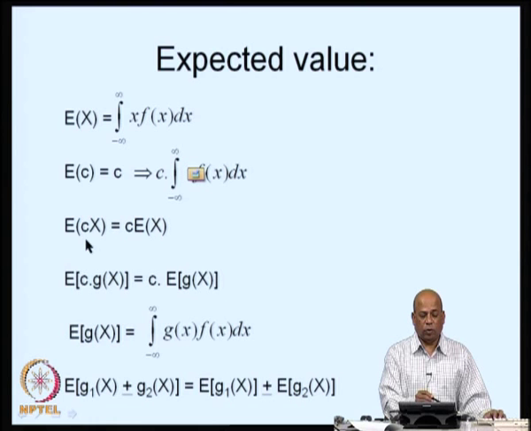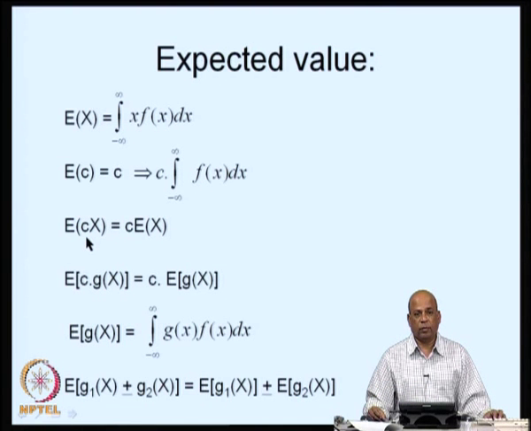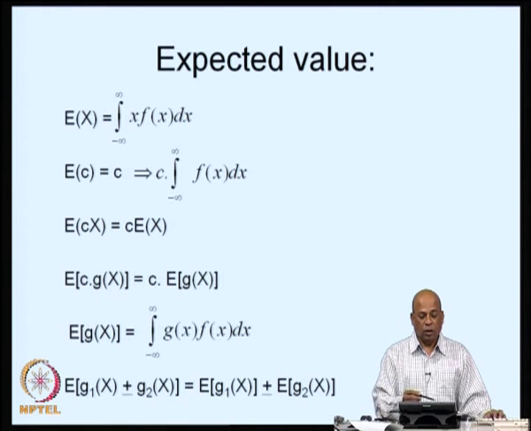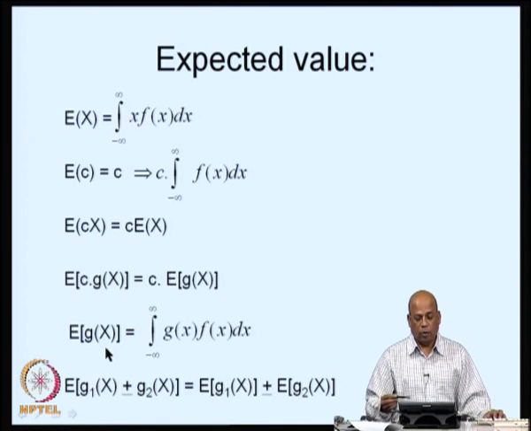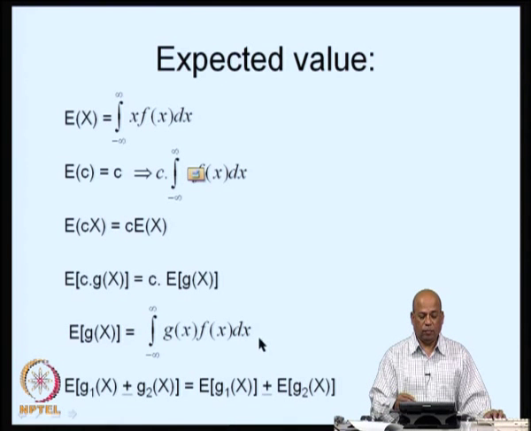Then from this it also follows that the expected value of c into x is equal to c into the expected value of x. We also have to see this particular result, which is interesting, where we are talking about the expected value of a function of x, g of x, which is equal to the integral from minus infinity to plus infinity of g of x f of x dx. And from this we again get the expected value of a constant into g of x is equal to c into the expected value of g of x.